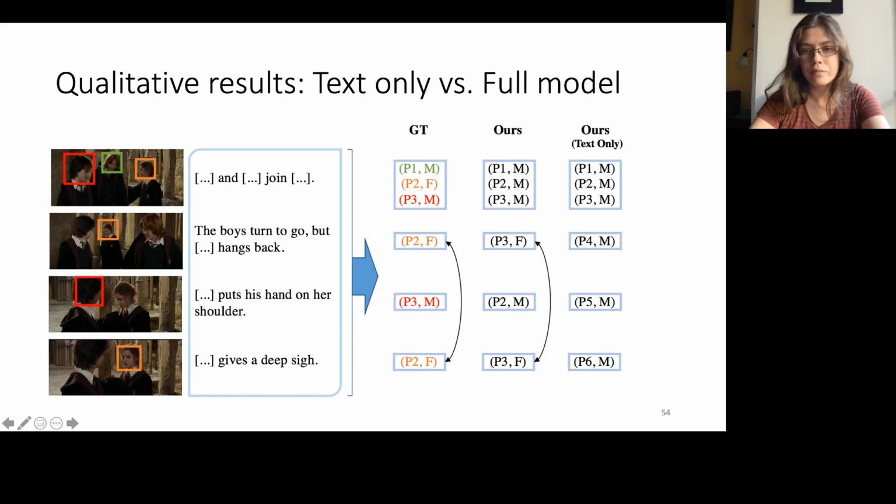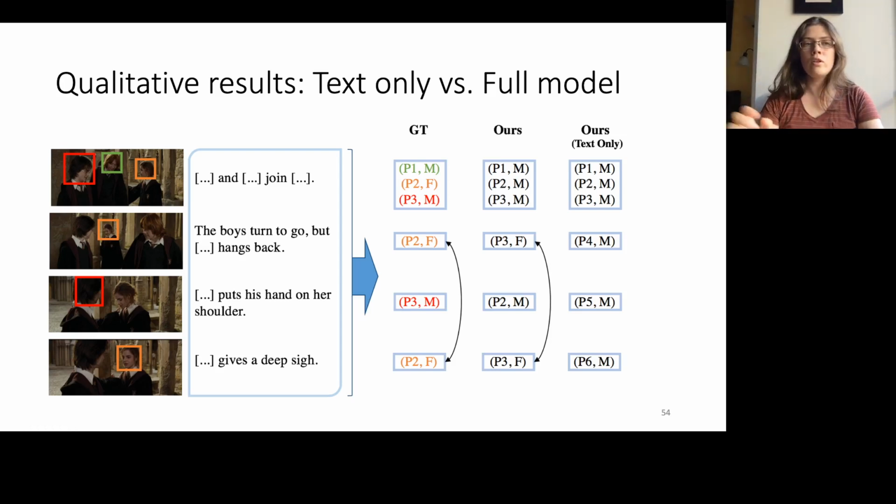However, the visual model then recovers and says that person 3 is actually a female, and then consistently links her to her appearance in the following clip with the right gender, while the text-only model fails to identify the gender or to link these characters at all.